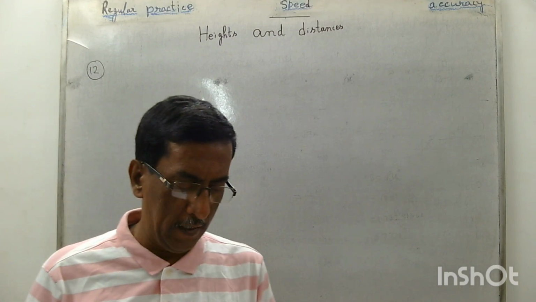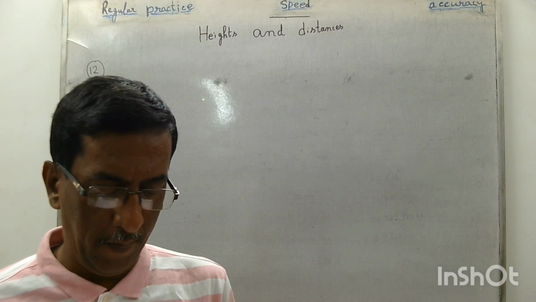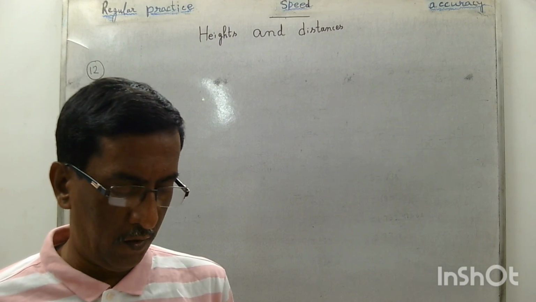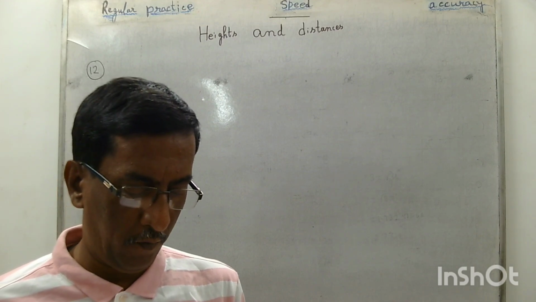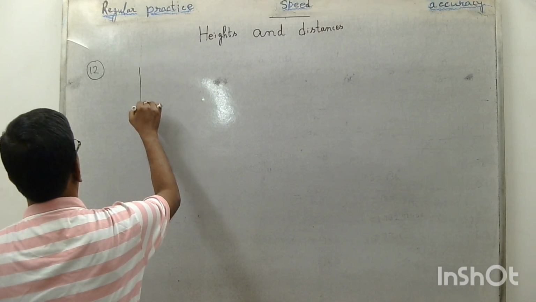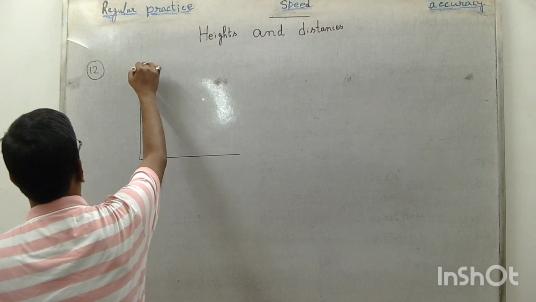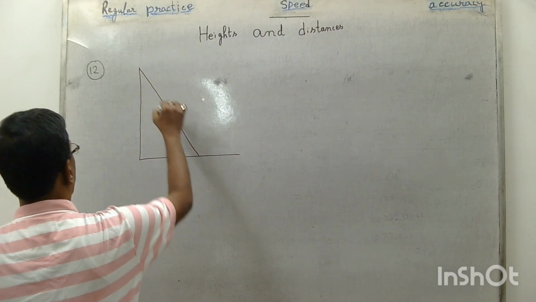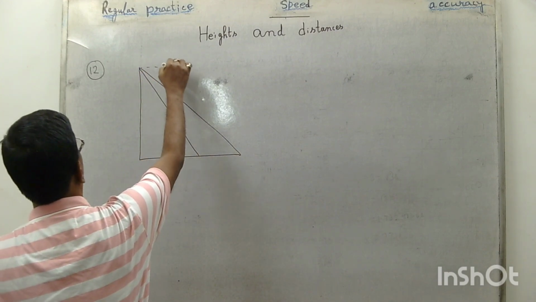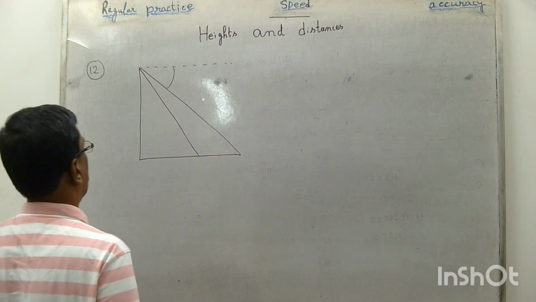A parachutist is descending vertically and makes an angle of 45 degree and 60 degree at 2 observing points 100 meter apart from each other. This is angle of depression.